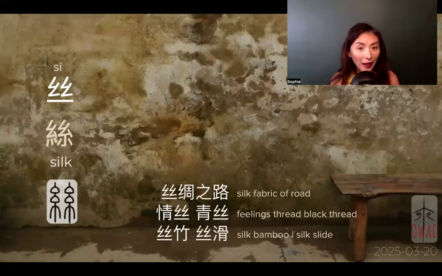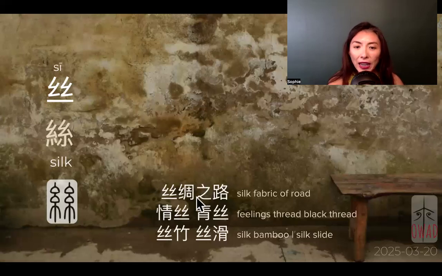But here we have our own filler words, because we have silk fabric of road instead of silk road. The reason is that Chinese likes to keep a four-character formation to give it a sense of formality. That's something you need to take more seriously than two-character combinations.